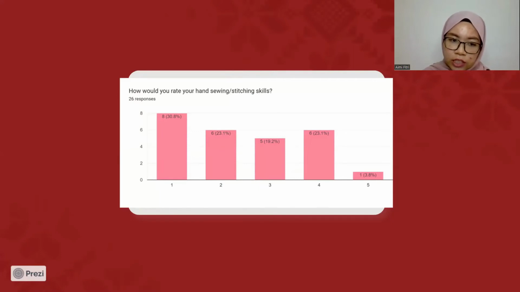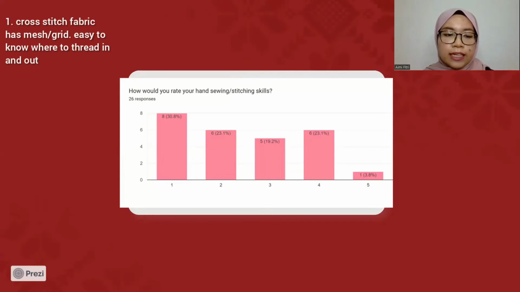So cross stitch should be a reasonable alternative. First, cross-stitch fabric is a type of cotton cloth that has a natural mesh, which helps users easily learn how to stitch and where to thread in and out, because the mesh provides visible holes, like a grid.